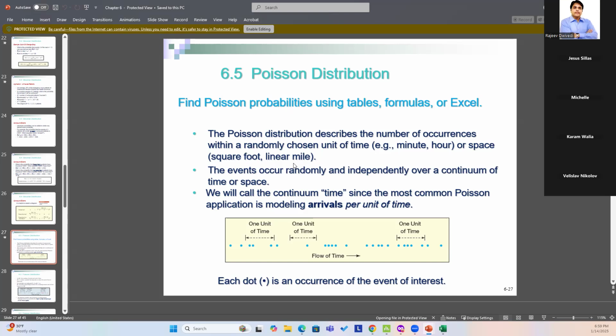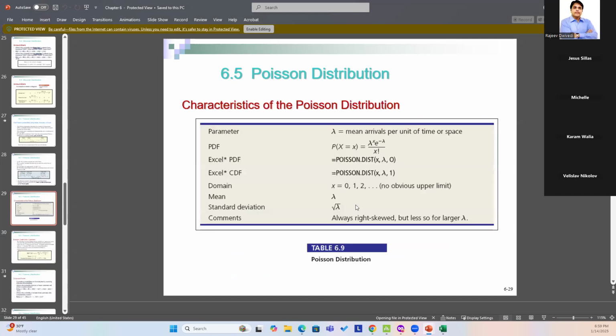So how do you recognize it? When an average is given related to space or time, such as minute, hour, day, month, year, then it is a Poisson distribution, where lambda is the average and the square root of lambda is the standard deviation.